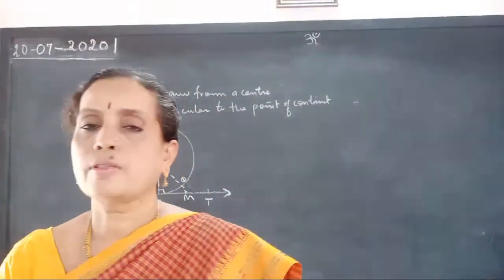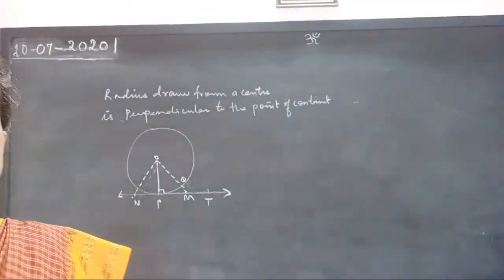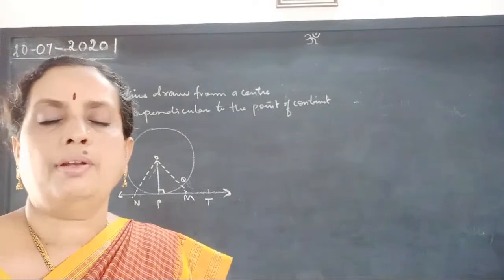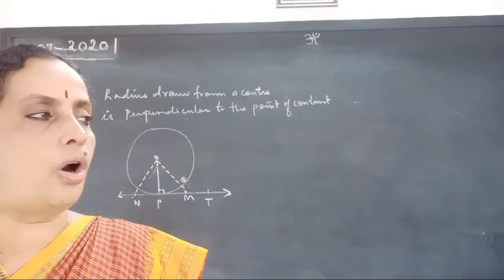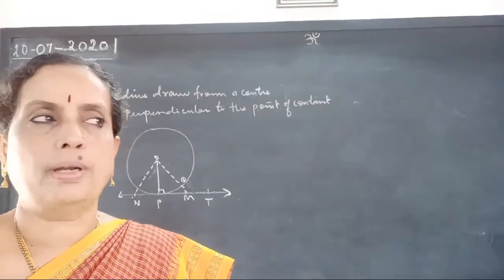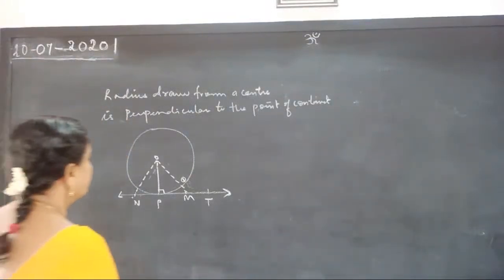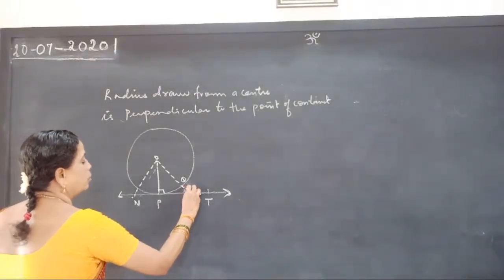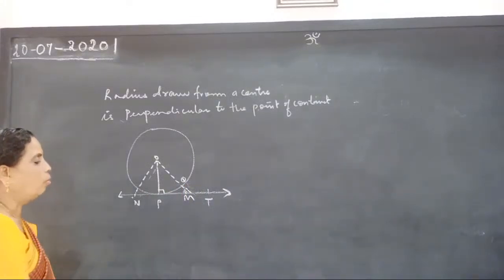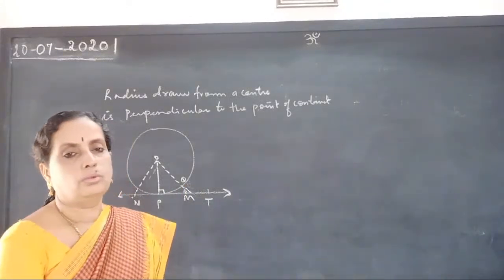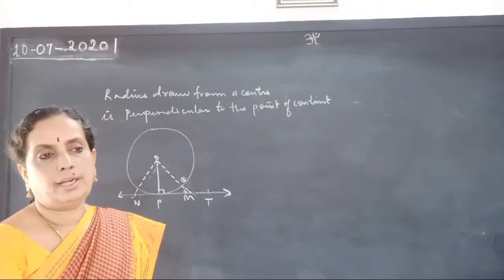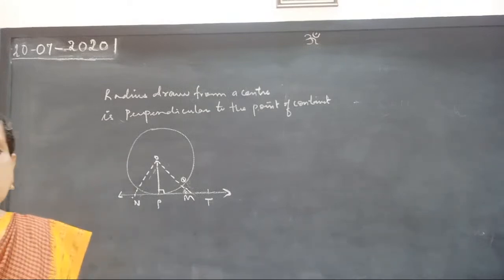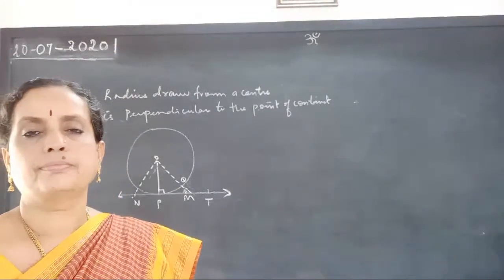Based on that property we are going to prove it. Usually a proof means you have logic analyzing either congruency or other properties. Now here it is logical thinking. If you show that OP is shorter than any line segment drawn from the center to the tangent, then OP is perpendicular to the point of contact. The radius drawn from the center is perpendicular to the point of contact. Is that clear?